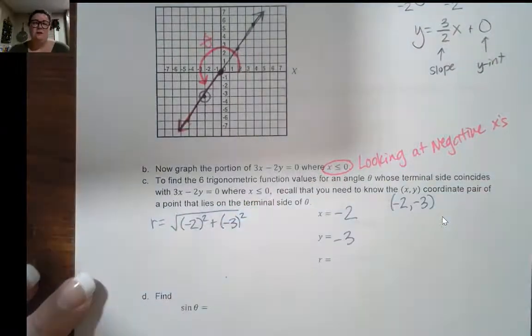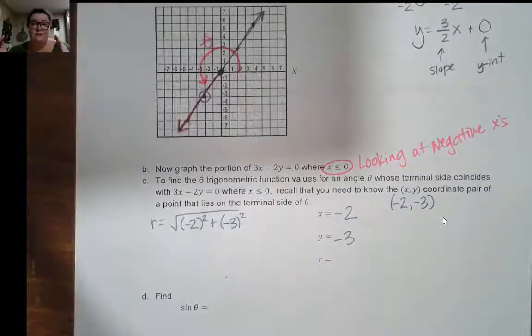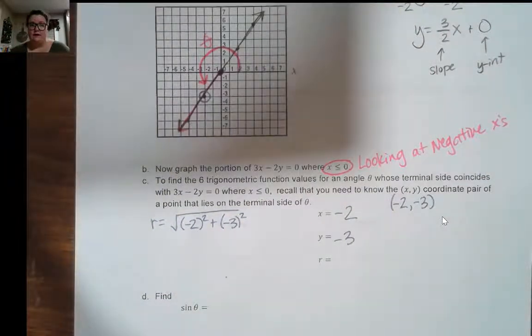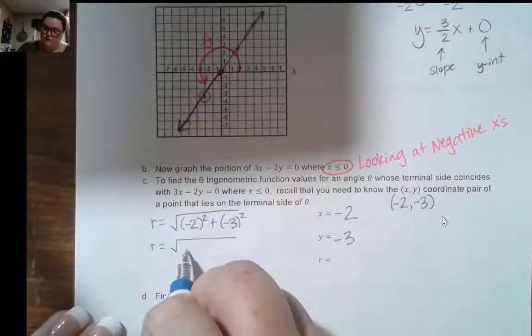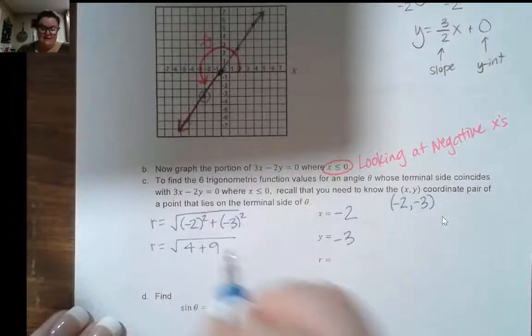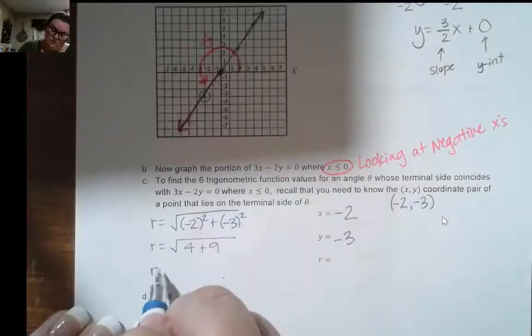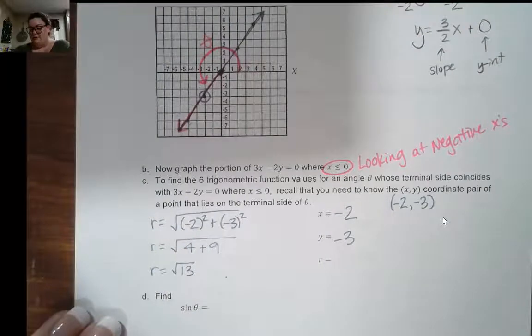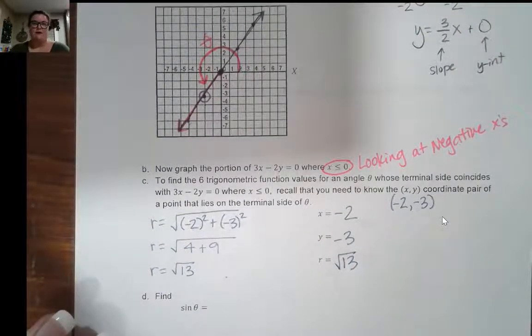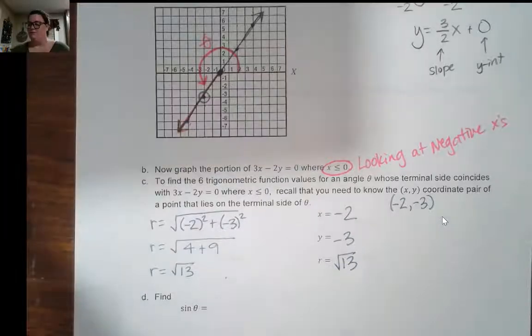Now, we want to make sure we put the parentheses around the negative because we're squaring the whole number, right? So this is going to give us r is equal to the square root of 4 plus 9, which gives me an r value of the square root of 13, which just happens to be ugly, right? There's nothing I can do to simplify that. It's not a perfect square. I can't pull a perfect square out of it to simplify.